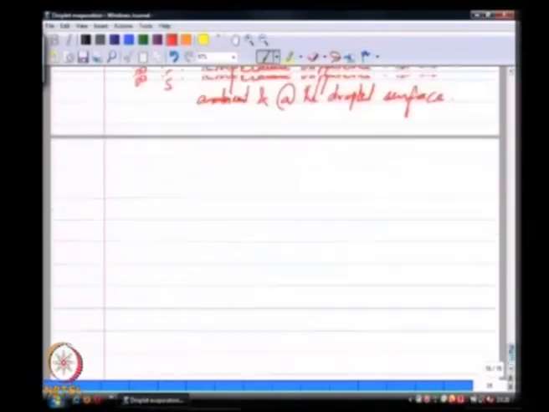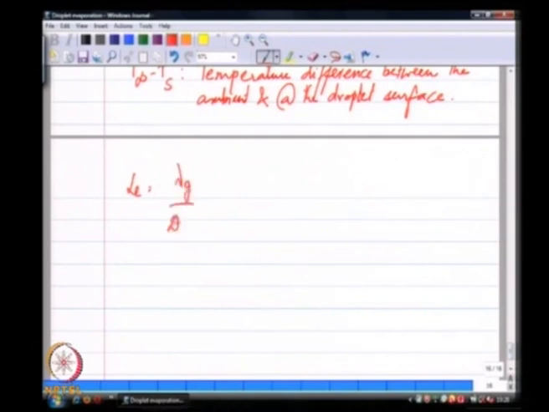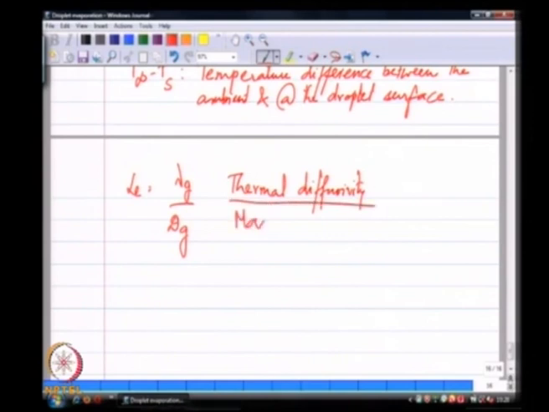There is an important assumption underlying this called the unity Lewis number assumption. Lewis number is essentially the ratio of thermal diffusivity, also known as thermal conductivity, to mass diffusivity. Notice how the units on all these are meter squared per second in SI terms.